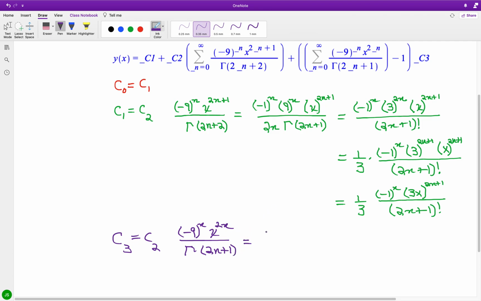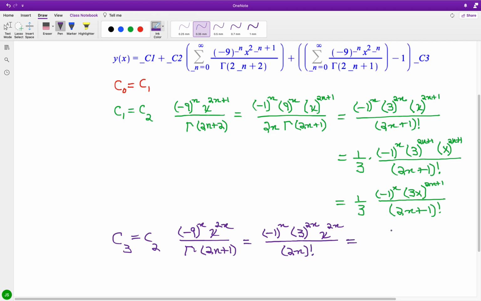And writing in terms of base 3, you have -1 to the n, and we have 9 to the n. We'll go ahead and write this as 3 to the 2n degree, times x to the 2n, and gamma of 2n plus 1 would go to 2n factorial.